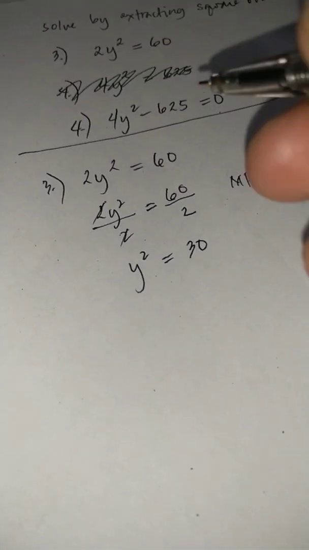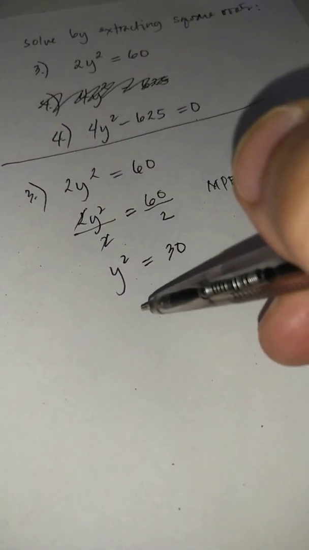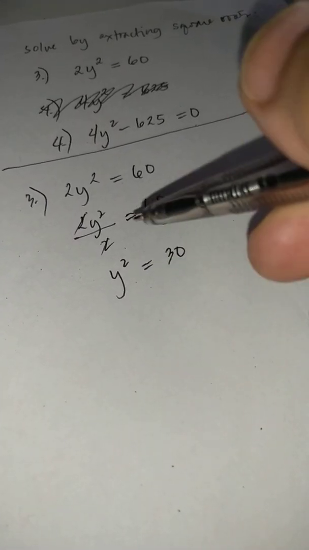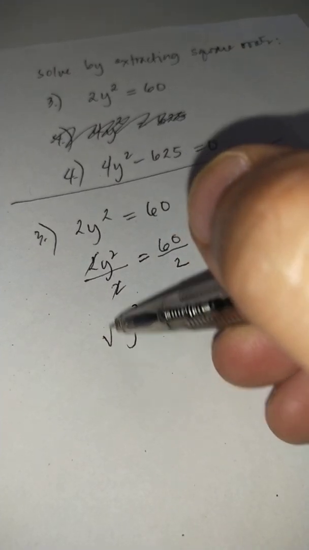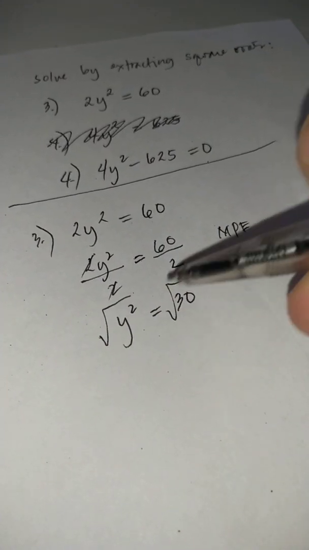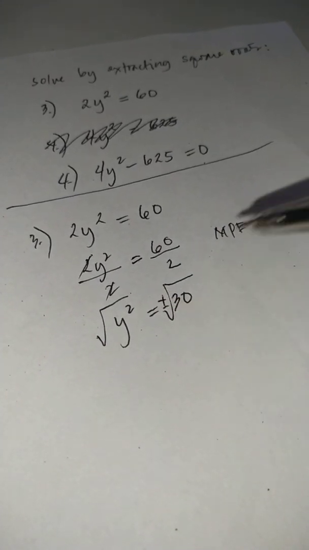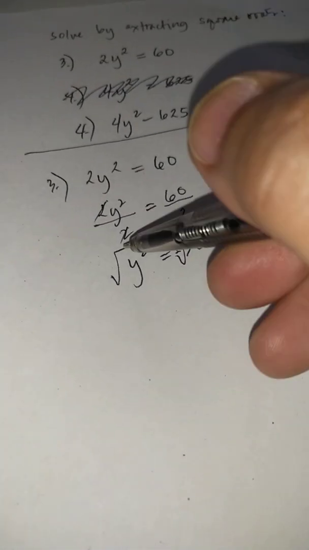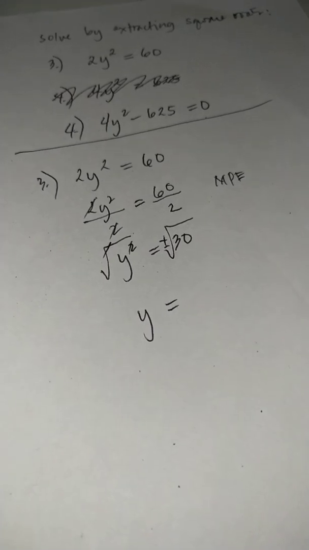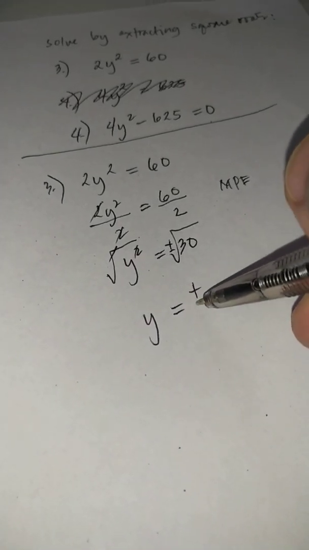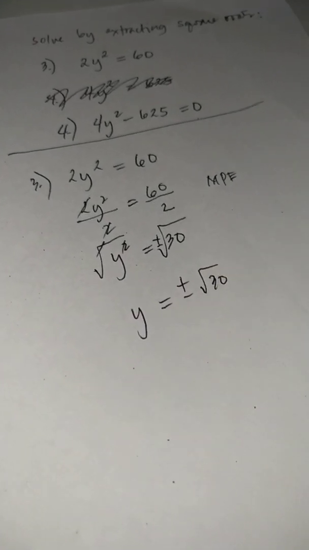So, as is, we have to extract the square root of both sides of the equation. Then we indicate the positive or the negative sign. The square root of y square is y, and that is equal to positive or negative square root of 30.